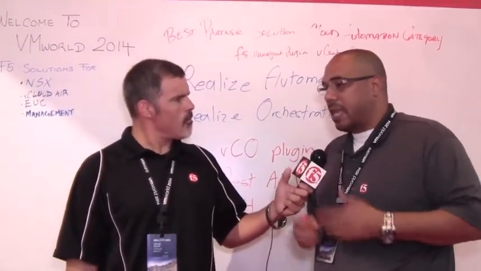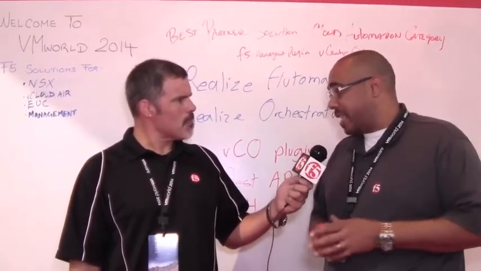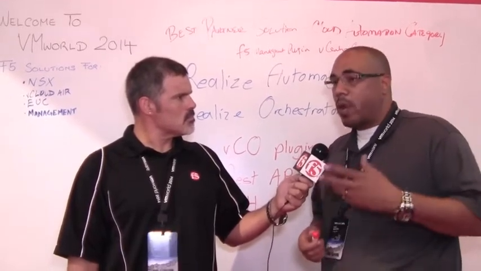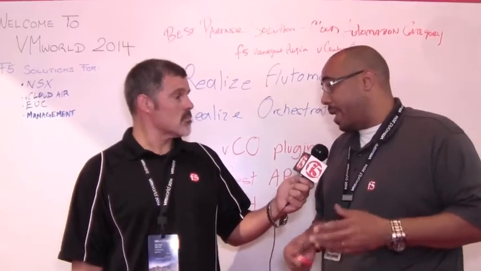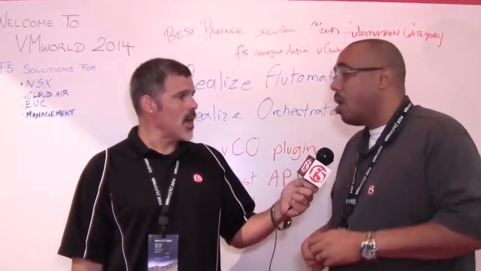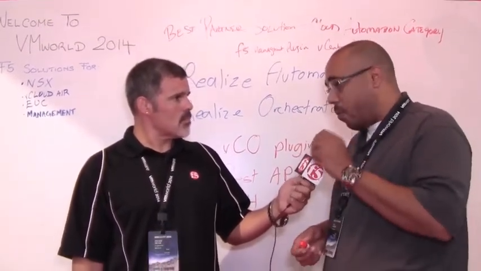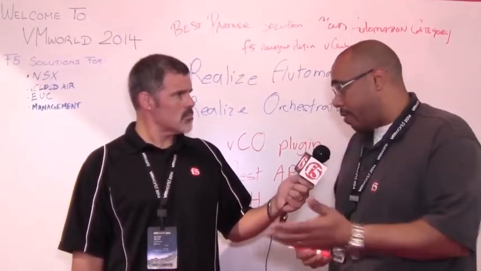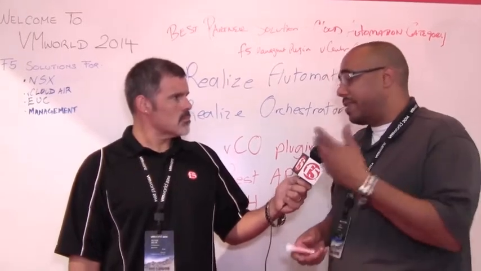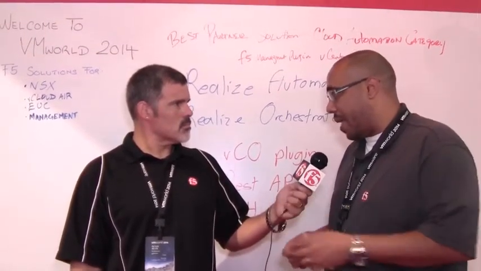So right now, as the SDDC landscape starts to change, people want to be able to deploy applications and services within minutes or hours instead of months and weeks. This plugin that we've developed helps them do that on a BIG-IP. Historically, they were able to deploy their applications, their web servers, but still had to manually configure the BIG-IP.